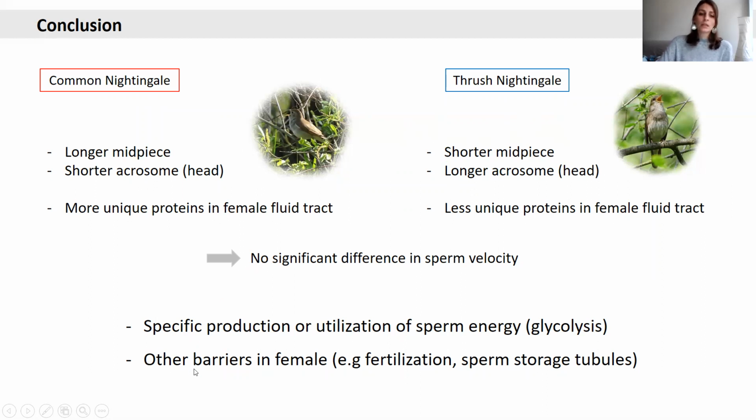Or maybe this barrier doesn't occur during this journey of sperm inside the female tract, but in another checkpoint, for example, at the fertilization point where the head is very important, or maybe during the sperm storage tubule.